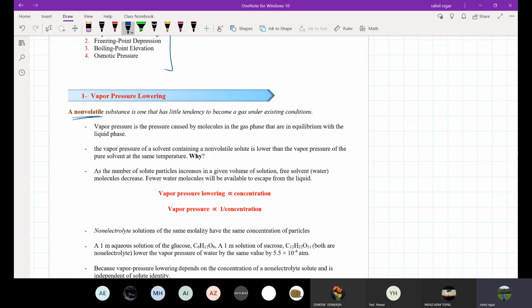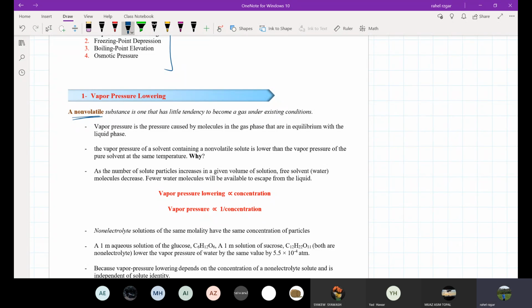For example, acetone. All of you have seen acetone, or gasoline. If you open the bottle, after a while all of the acetone has gone. Why? Because it's volatile. But in this section, we talk about non-volatile solutes, which mostly are solids, which don't want to become gas easily. All right?